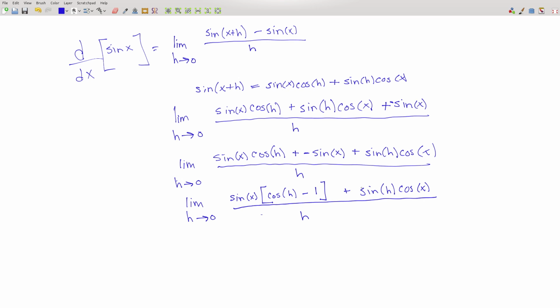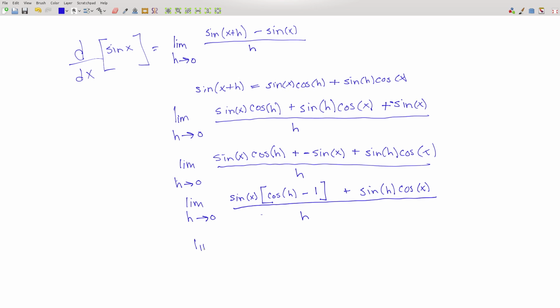But notice what we have here now. We can actually split this into two different terms by rewriting it with this h and splitting it into two terms.